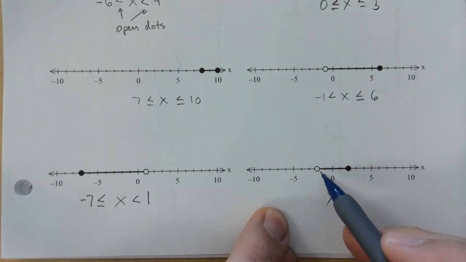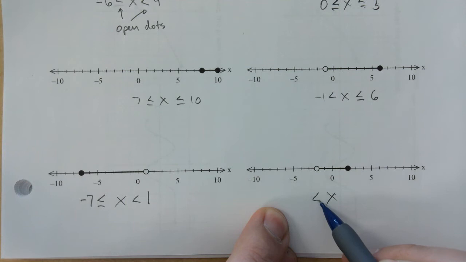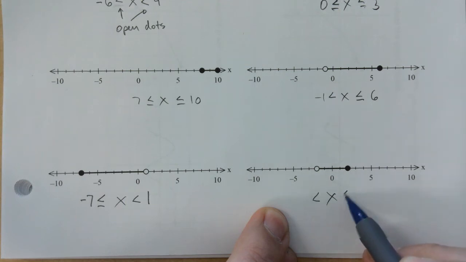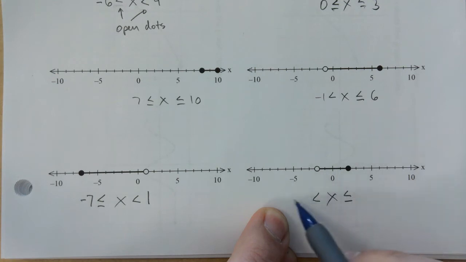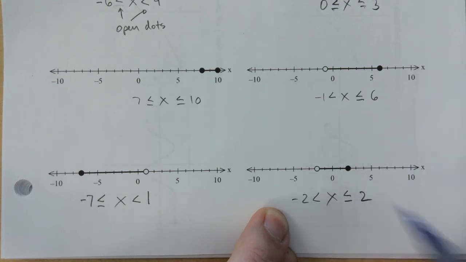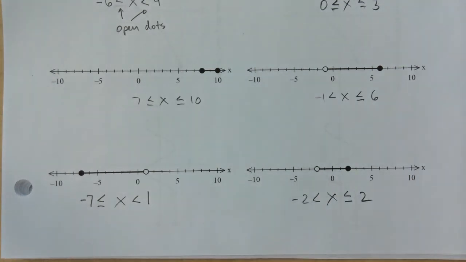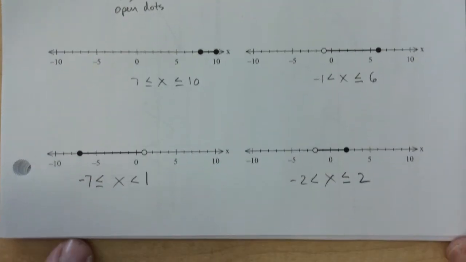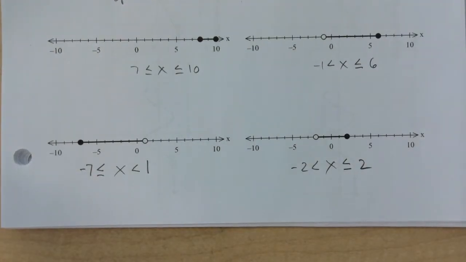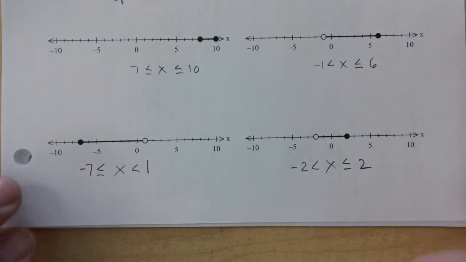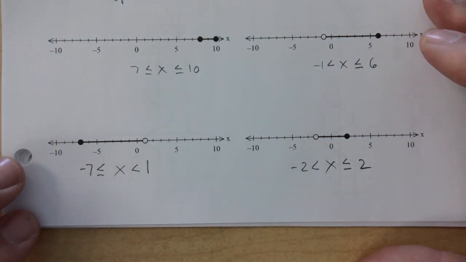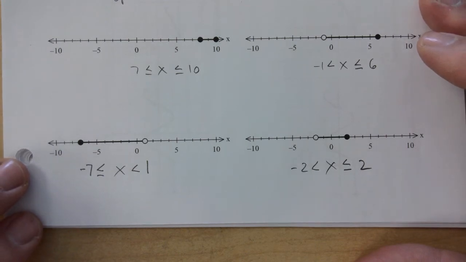And then we have no equal sign on this side, but there's an equal sign on this one. So we are going from -2 to +2. So there you have it. That's a review of inequalities, which is huge for what we're about to do.